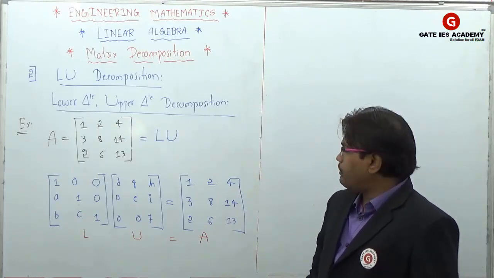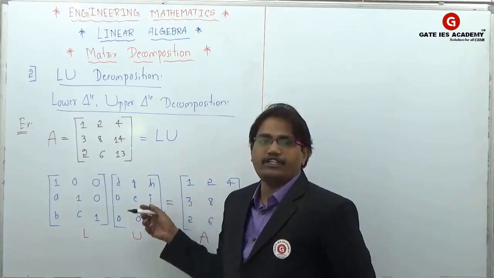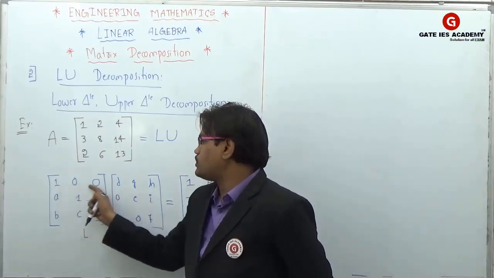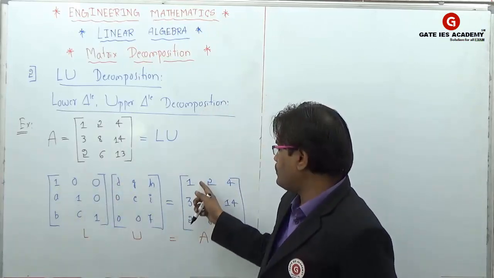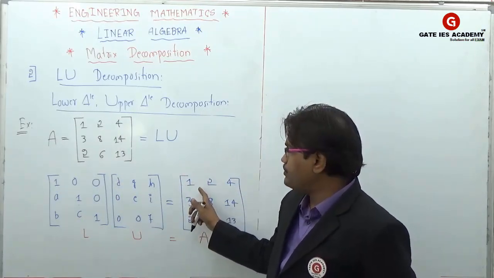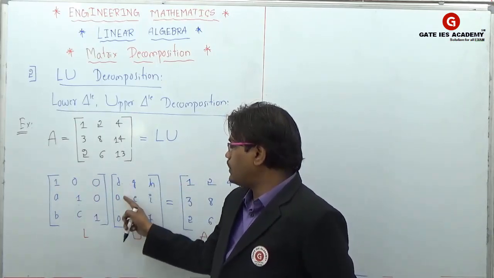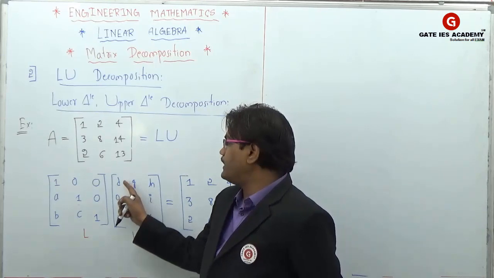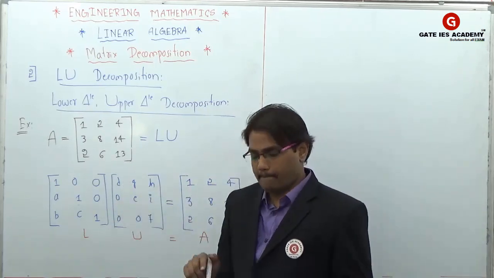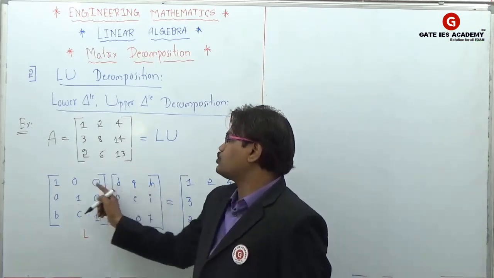Now multiply and equate to A. First row, first column multiplication must equal the first row, first column element. Multiplying 1, 0, 0 here, I get D equals 1.